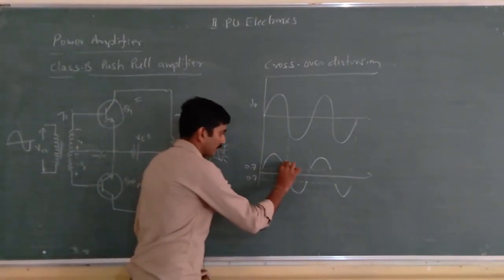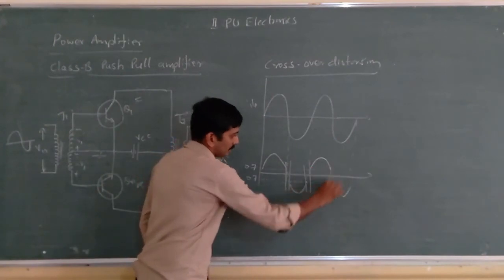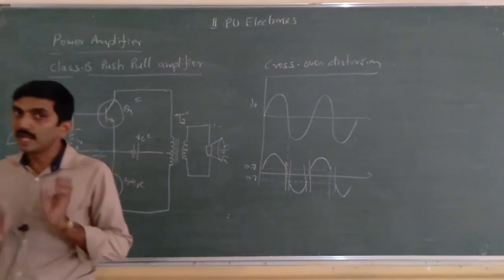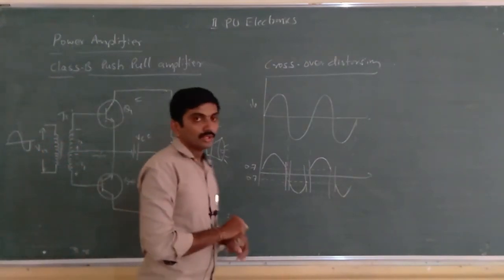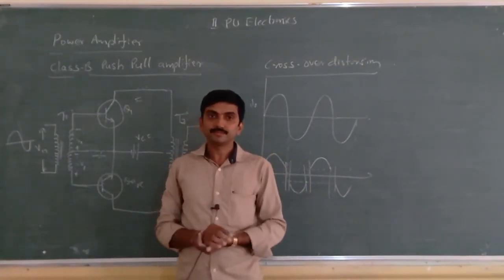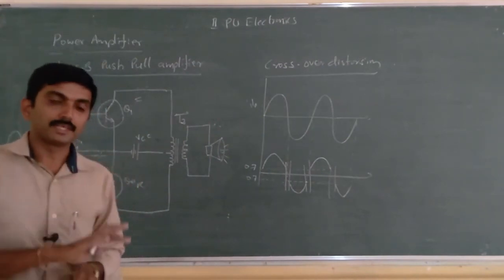Now, from here to here, see, these are the blank regions. And those blank regions occurred due to the crossing of two cycles, so crossing of zero. See, after 180 degrees the negative half cycle arrives.